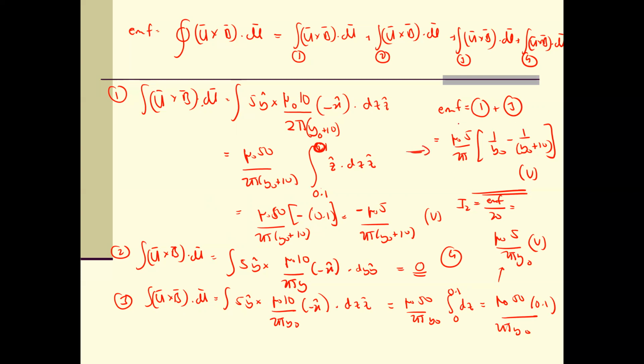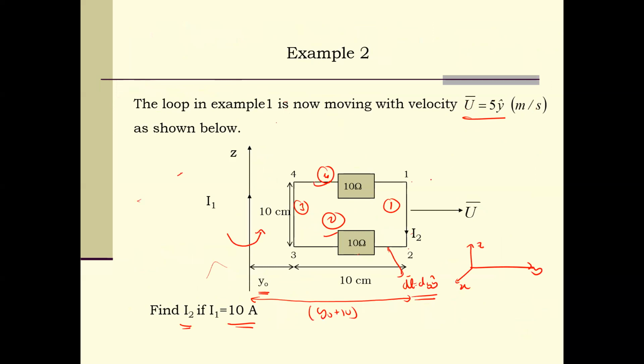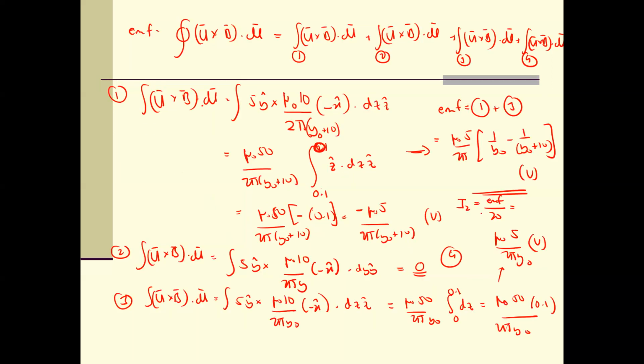That should be the generated EMF. So the ratio between the generated EMF and the resistors in your circuit will give us the amount of current flowing in your right square loop in this particular example here. Yeah, so that should be the current in ampere unit. Right.